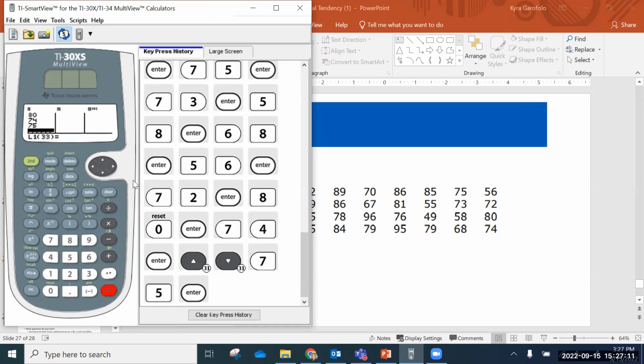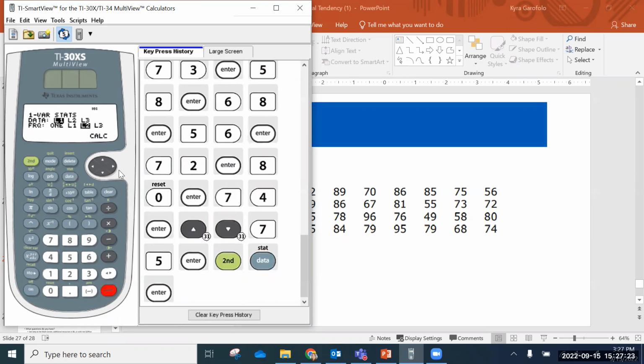Okay, if I want to find these quartiles with my calculator, I have my data in. So now I'm going to press second data, which is going to take me to stat. And I want one variable stat. L1 should be highlighted because L1 is where I put my values. And here, I don't have a frequency distribution, so I actually want to highlight 1.